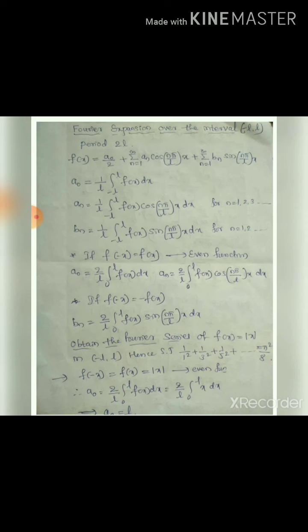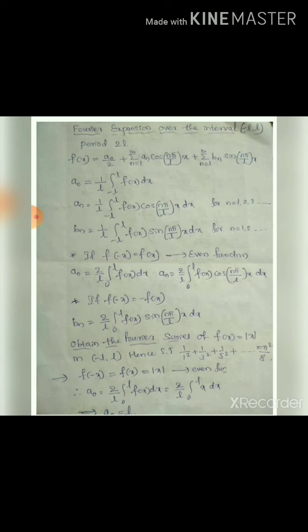And if f of minus x is equal to minus f of x, then it is an odd function. Then you only have to calculate b n, because here a naught and a n become 0.